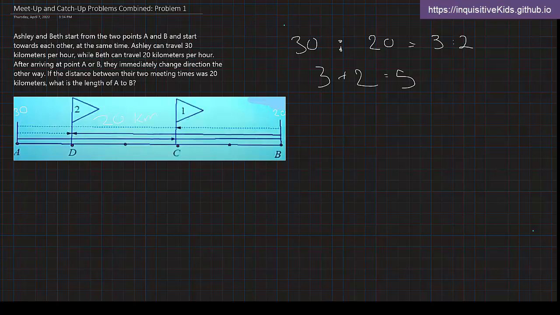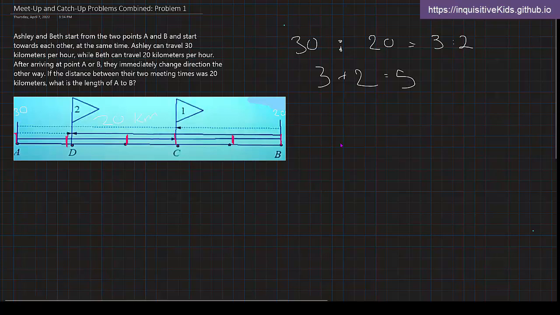So this is not going to be exact, but part 0, part 1, part 2, okay. All right. So we have 5 parts, 1, 2, 3, 4, 5. And that makes sense because in this same time frame, Ashley walked 1, 2, 3 parts because the ratio is 3 to 2. And Beth walked 1, 2 parts. So that makes sense.